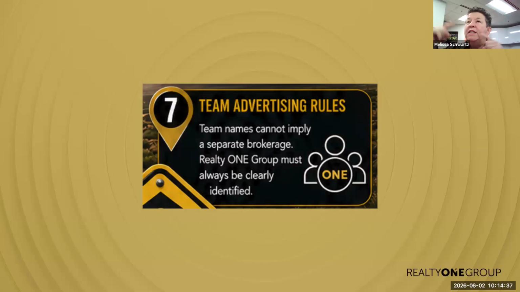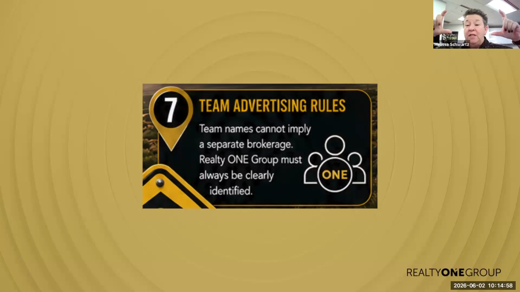But the difference is they're not both weighted the same, because if somebody were to ask who's the broker, people are still going to look at that little bottom one and go, well, that's the broker. But if you do the team or group, the question to the consumer is who's the broker, and they don't know, right?